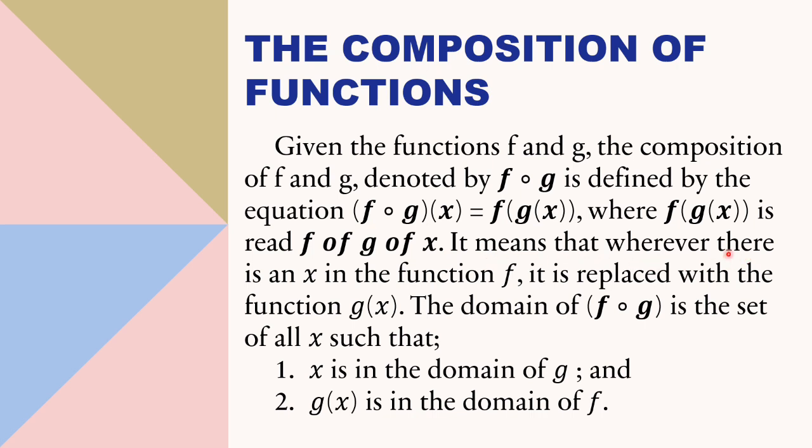So it means that whatever there is an x in the function f, it is replaced with the function g of x. So the domain of f composed of g is the set of all x such that, so number 1 here is x is in the domain of g, and of course g of x is in the domain of f.